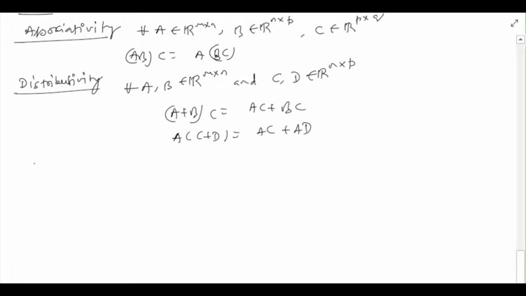Let us see what happens when we multiply a matrix with an identity matrix of suitable dimension. Multiplication with identity matrix.